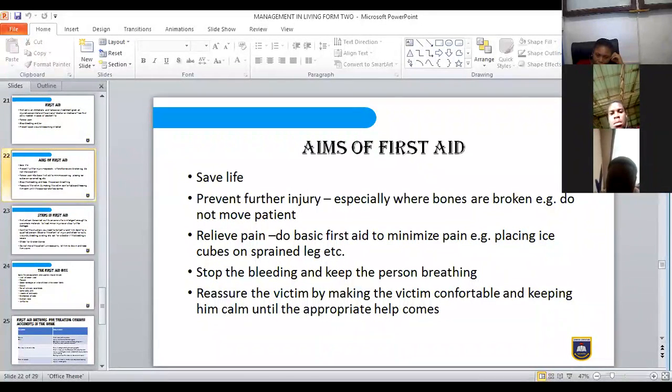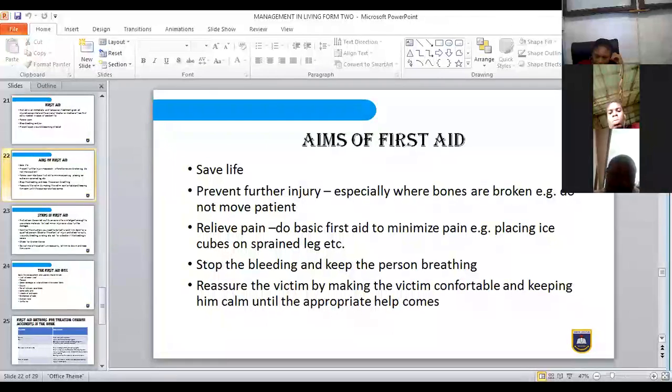You have to ensure that the wound is covered so that nothing else will enter to affect the person who is already suffering. Then again, you relieve pain, you stop bleeding, and you reassure the victim by making the victim comfortable and keeping him calm until the appropriate help arrives.